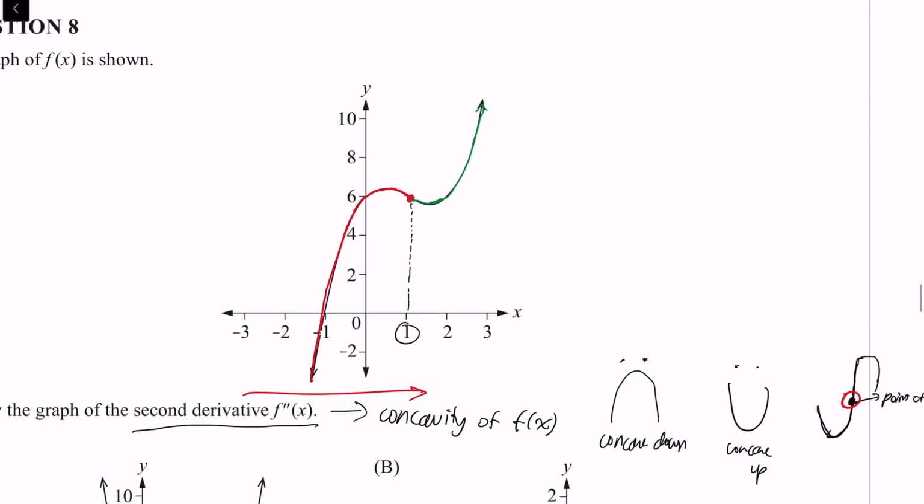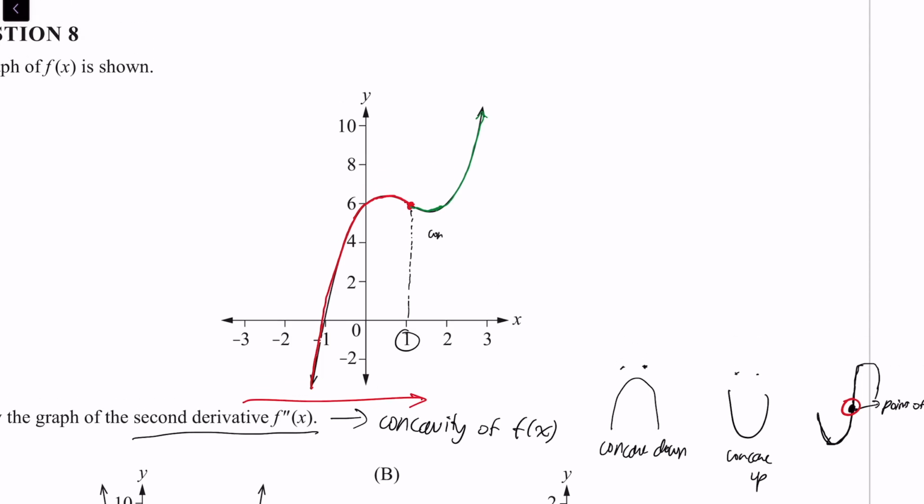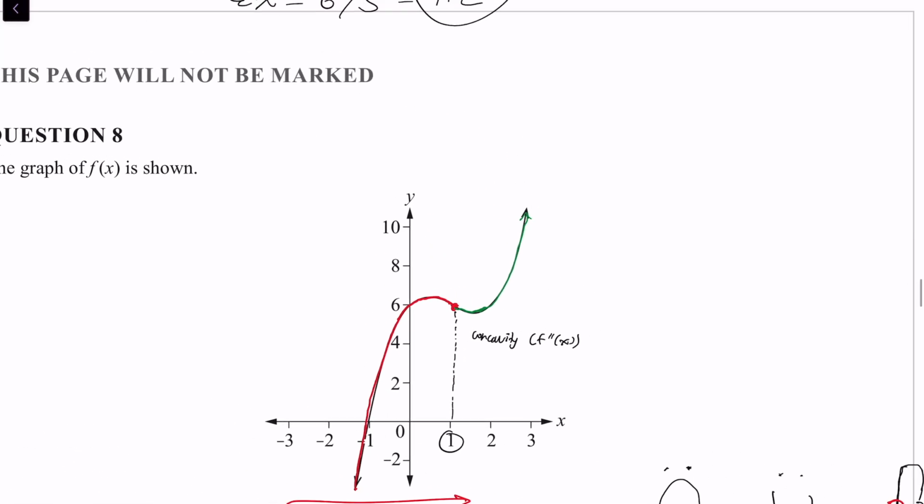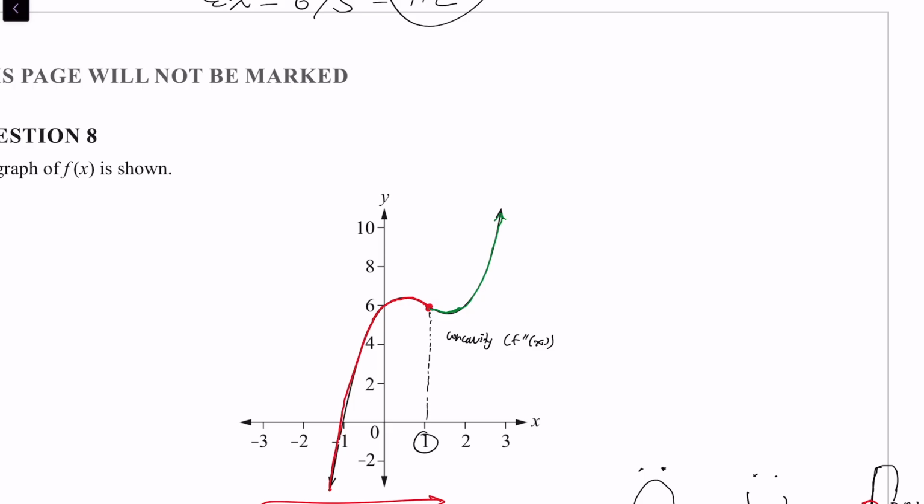Okay, so in other words, the concavity, or f dash dash x, which is the second derivative, relates to concavity, which is the rate of change of the f of x, or in other words, the rate of the gradient changing.